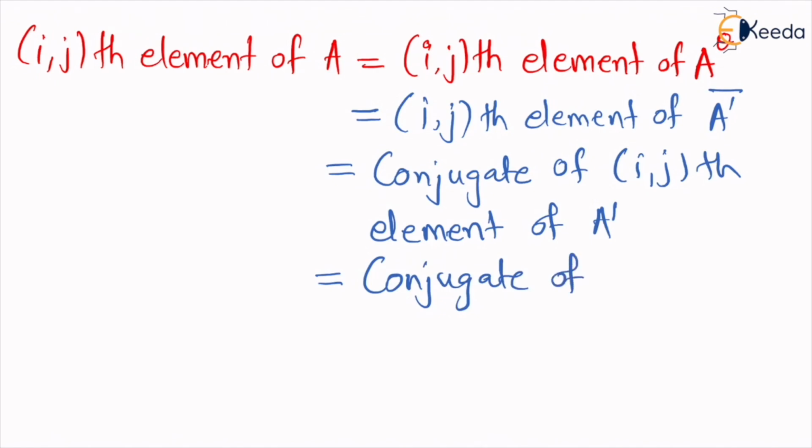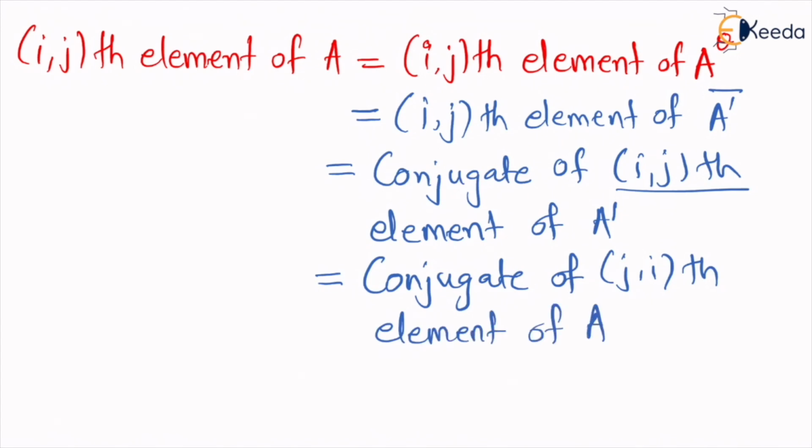The conjugate of the ijth element of A dash will be the conjugate of the jith element of A, because A and A dash are the transpose of each other. If I want to represent this, this element is Aji bar.